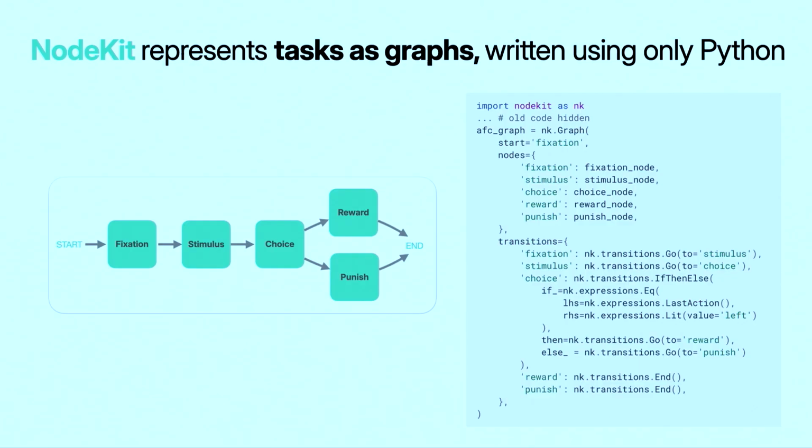But in NodeKit, a full specification of a task is centralized into a single data structure, which is the graph. And here I'm showing on the right-hand side some example Python code, which is describing this graph on the left.